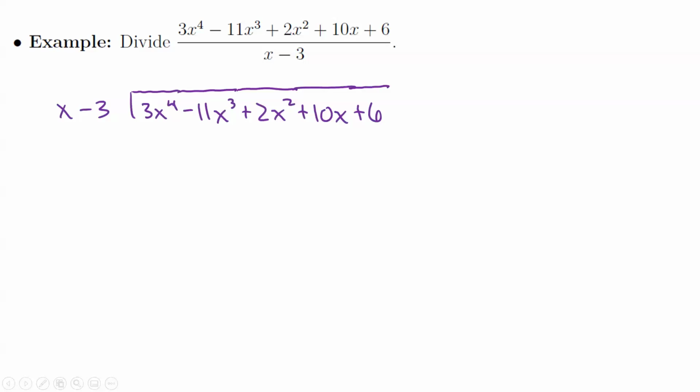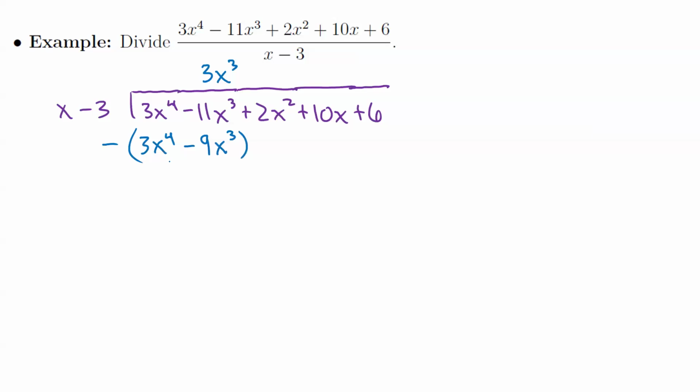So in order to produce 3x to the fourth, I know that I'm going to have to multiply x by 3x cubed. So 3x cubed times x is 3x to the fourth. 3x cubed times negative 3 gives me negative 9x cubed.